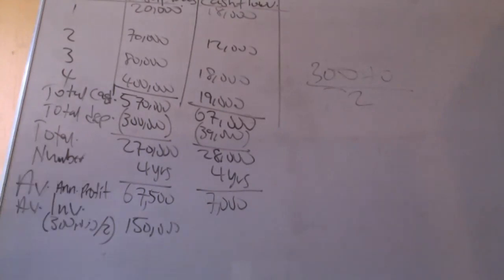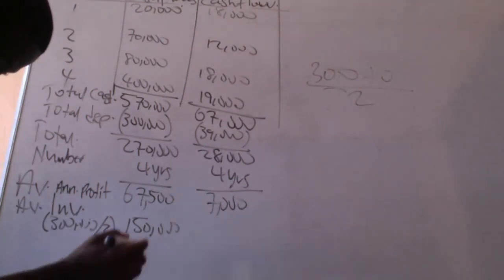What about project B? It is 39,000 divided by 2. What do you think will be the answer? 39 by 2. Good.